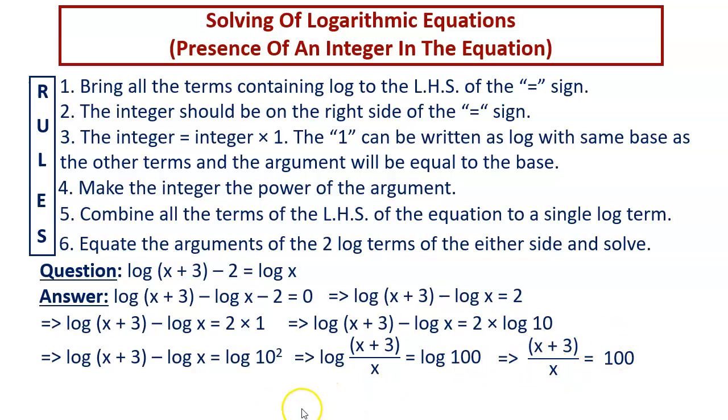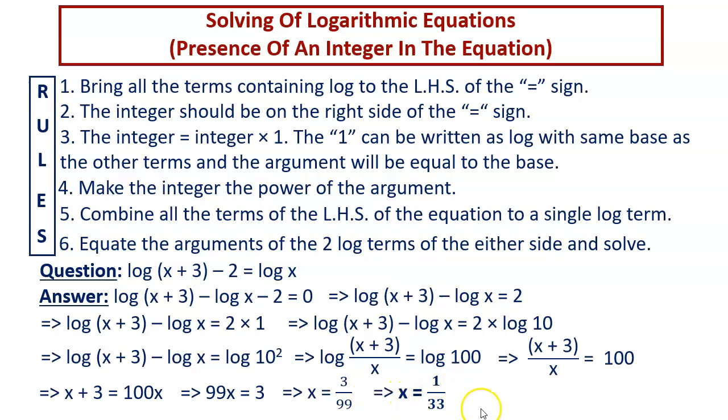And now we can cross multiply and we will be having x plus 3 is equal to 100x. If we subtract x from both the sides, it will be 99x equal to 3. And next we divide both sides by 99. We get the x value as 3 over 99 or x equal to 1 over 33.